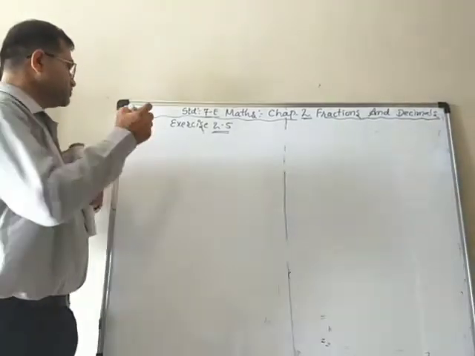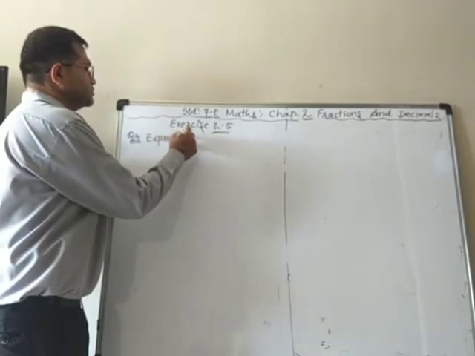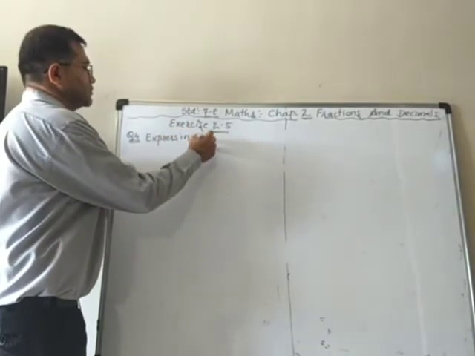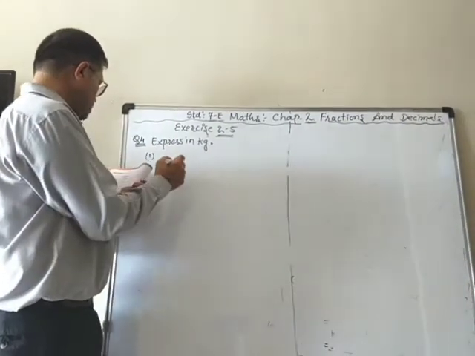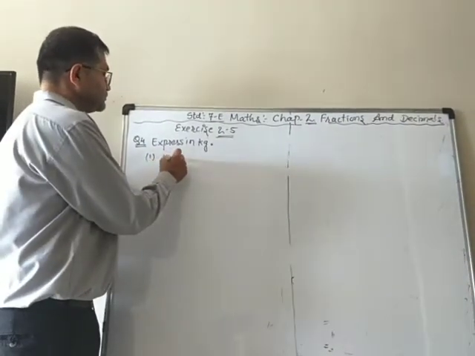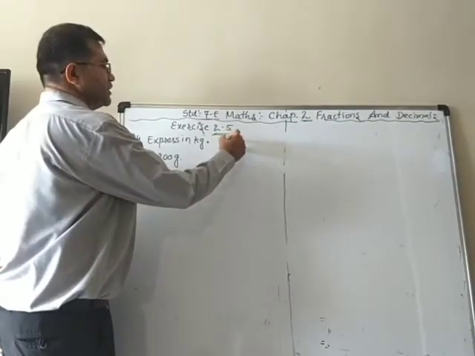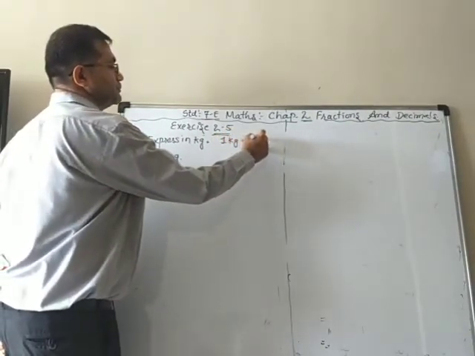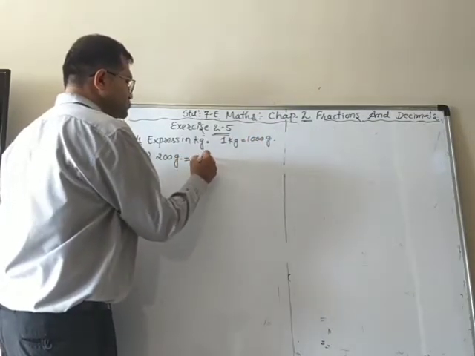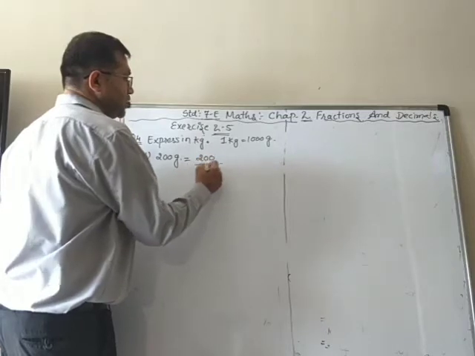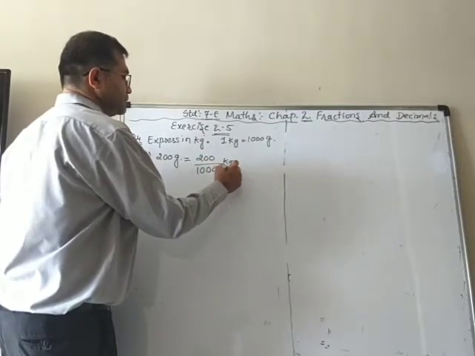Number 4, it says express in kilogram. First one is 200 gram. Now we know that 1 kilogram is equal to 1000 gram, and therefore we have to divide by 1000. So 200 upon 1000 kilogram.